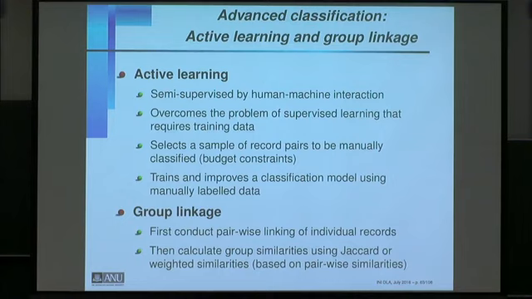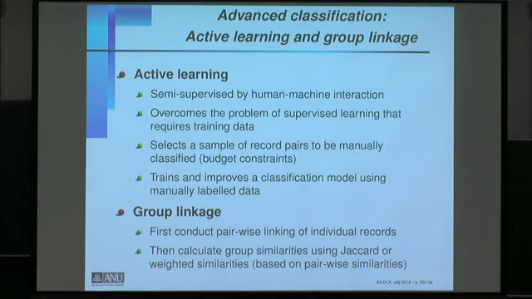Another avenue of work has been group linkage. This is in applications where we have not just records about entities, but also groups of entities which somehow have to be linked together. This is done, for example, on bibliographic data, where you have publications written by the same author in different databases, which helps us decide if two authors are the same, or in historical or census data, where we have a census certificate or a household or family, where we can use the similarities between individual people across two censuses.